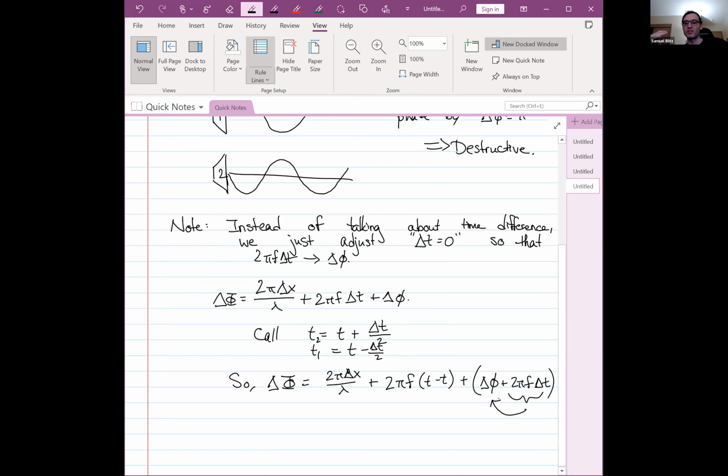And the reason we do this is just because we only care about what happens when they're both on already anyway. So we can just replace this notion of them being turned on with different times as if they were both turned on at the same time, but one started out however far before the other one. So it's as if it had already been going for a while, but now it just has a different starting phase because it had been going for a while already.